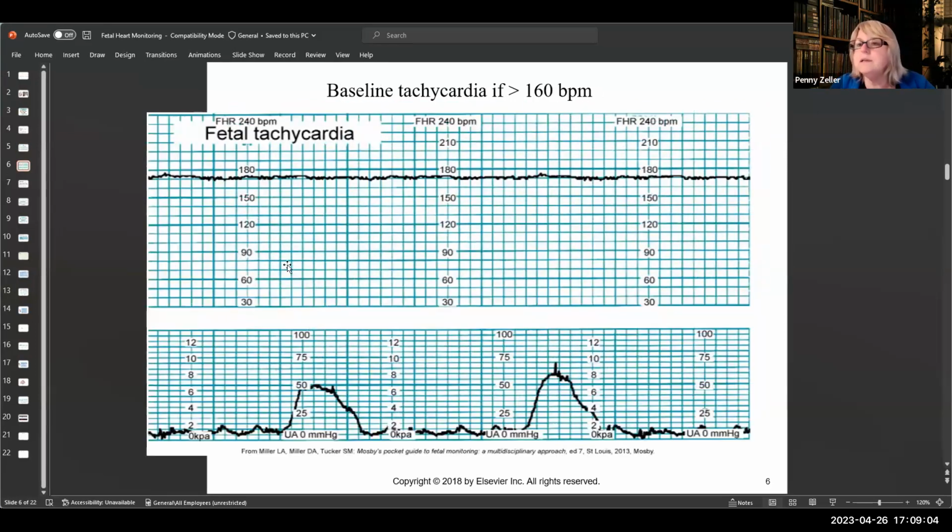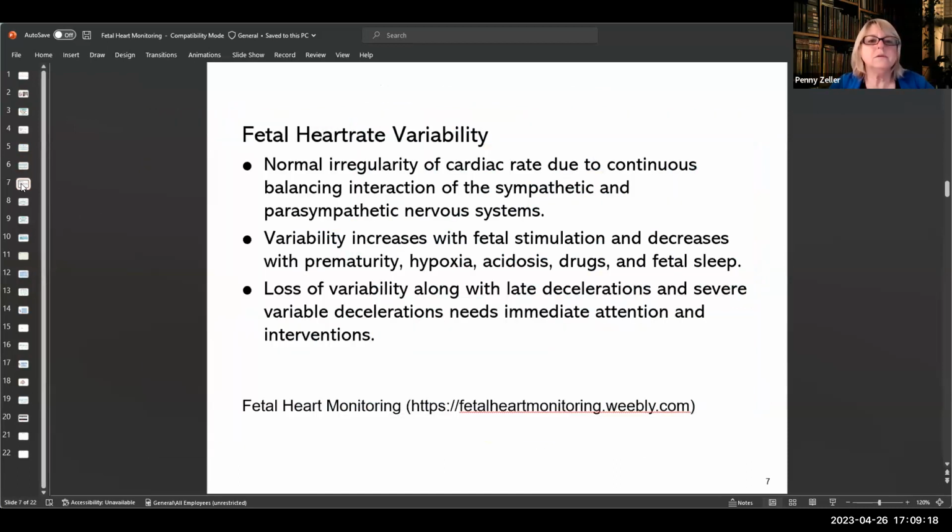Fetal tachycardia is above 160. And in this one, mom's having a couple contractions and they look normal. And I'm not seeing the heart rate drop with the contractions. So variability, you know, when you put a pulse ox on someone's finger and you're looking at the monitor, you see a heart rate of 76, 78, 72, 80.